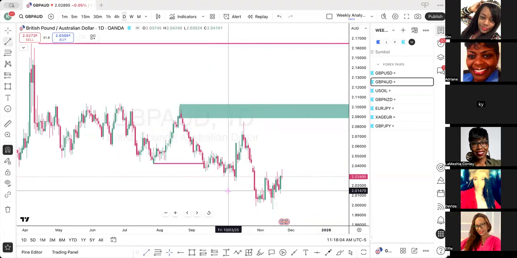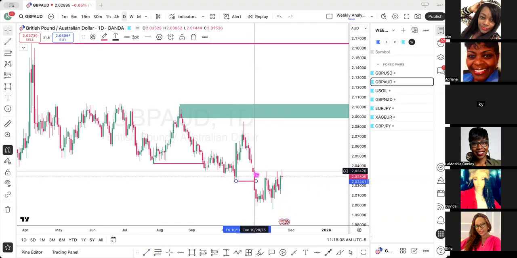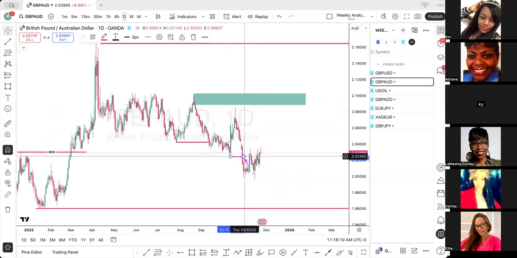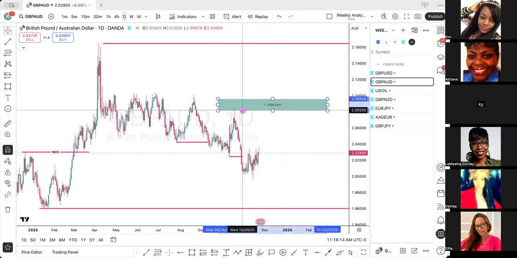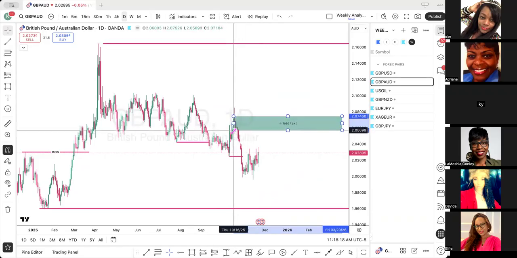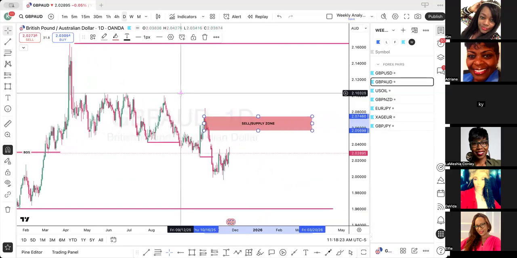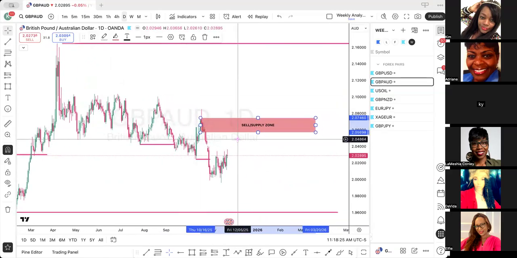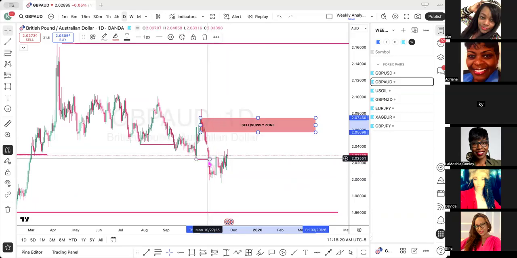And then price broke structure here. So at some point, price should be pulling back to a supply zone. As of right now, I don't see the structure to look for the buy.